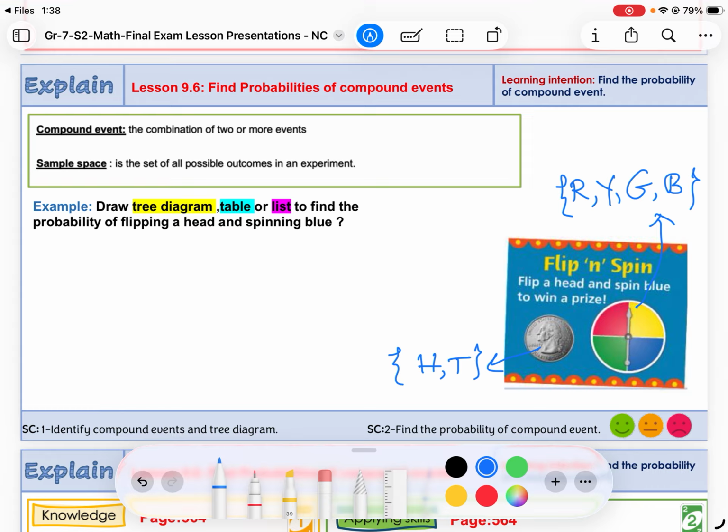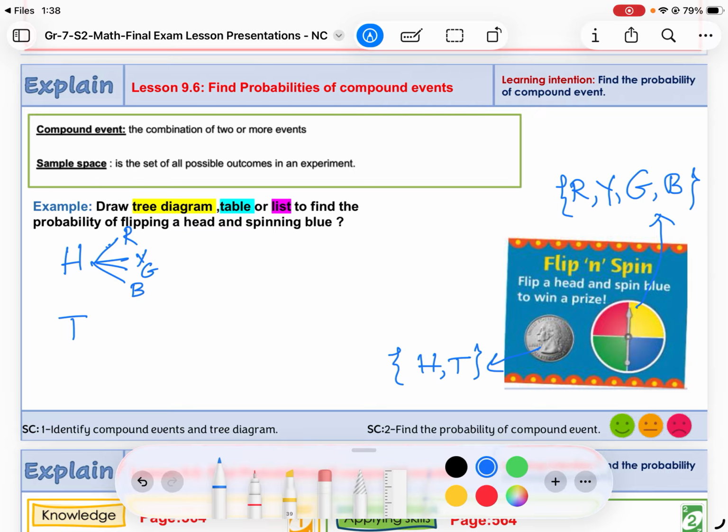The easiest way you can make it, start with any event that you want. For example, I want to start with the head. So head and tail. So if I toss the coin and I got a head, my options will be either when I spin the wheel, I will get red, yellow, green, or blue.